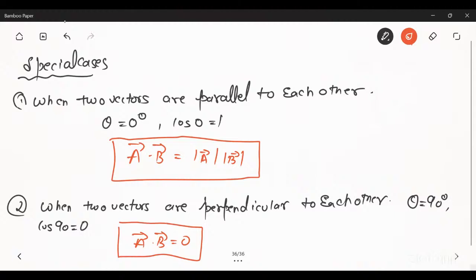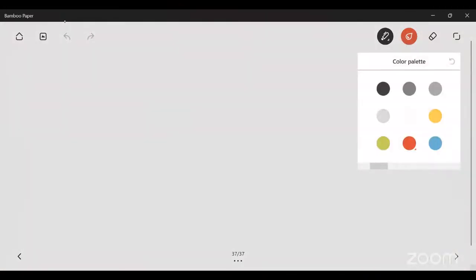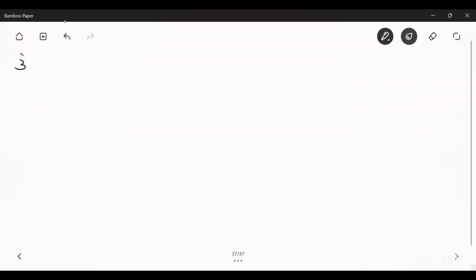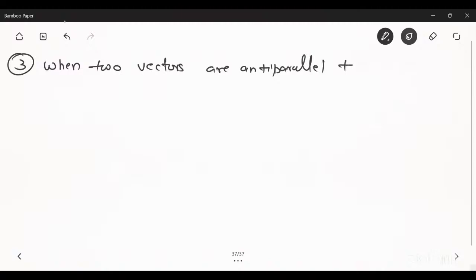Now come to the third part, when two vectors are anti-parallel to each other.